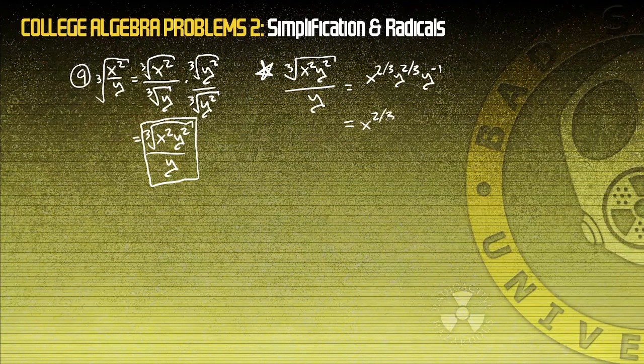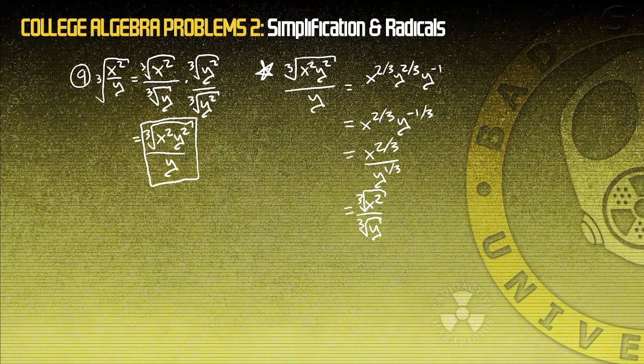So you have x to the 2/3, and 2/3 minus 1 is just minus 1/3. So you have y to the -1/3. And we'll just rewrite it so you can see. And when you rewrite it as radicals, you have the cube root of x squared over the cube root of y. And that's the original problem.